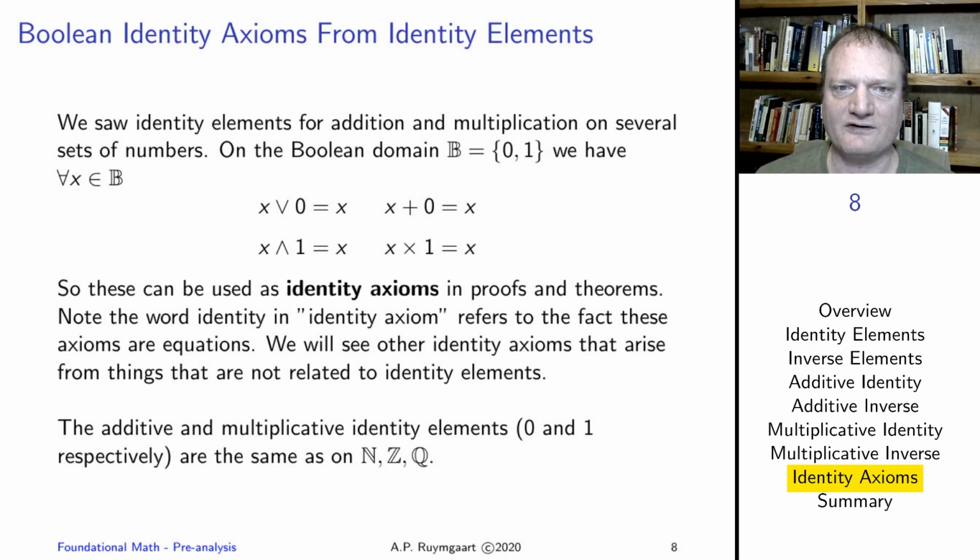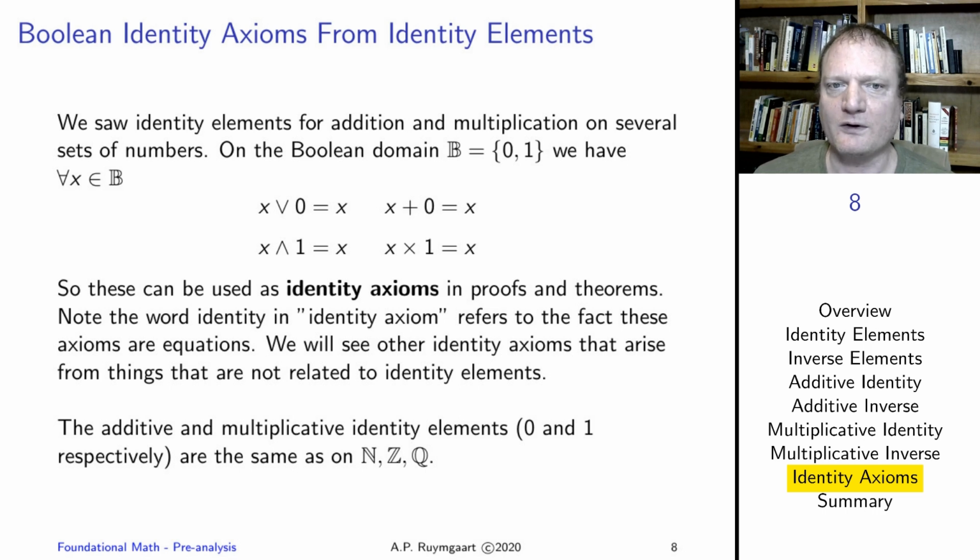And we know that x and 1 equals x, or x times 1 equals x. So these are always true because we had found that these identities hold for all elements in the set. Therefore, we can use our identity elements that we know for these operations to always be true.